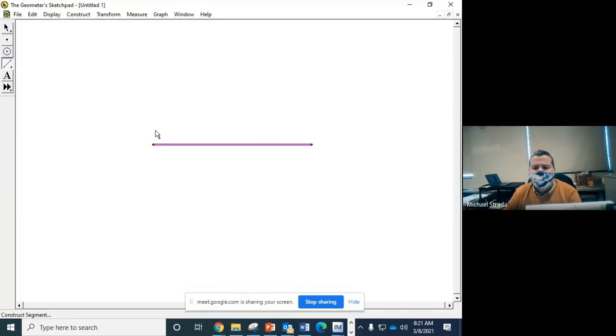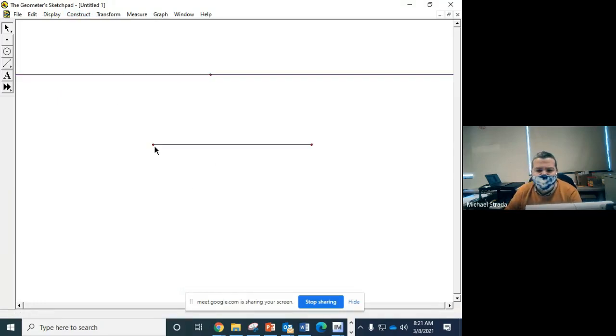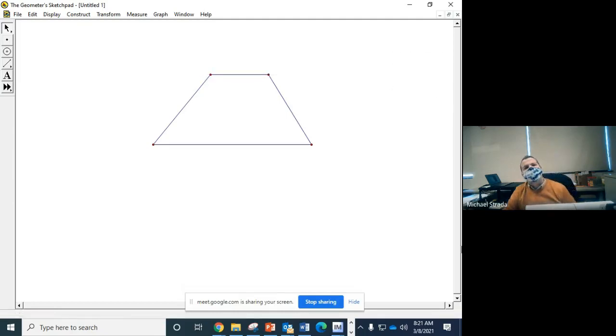So I'm going to make a point up here, and create a parallel line because that's the definition of a trapezoid. Then I'll connect that to form one of my legs. I will create a point on that line to create my other leg. I will connect those 2 points to get my parallel base, and boom, I have myself a trapezoid.